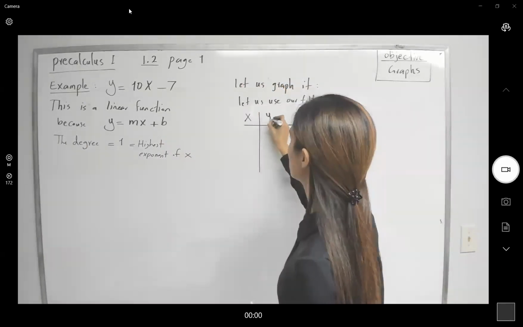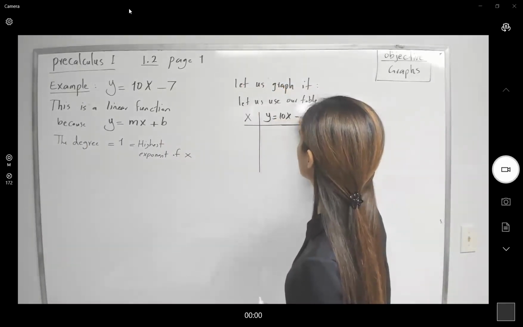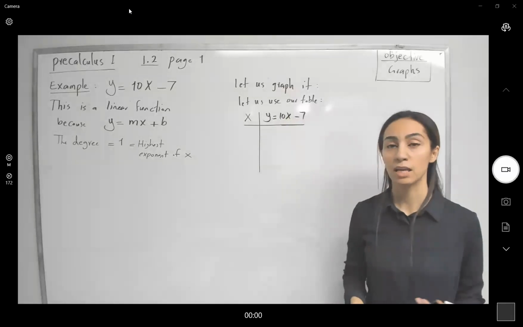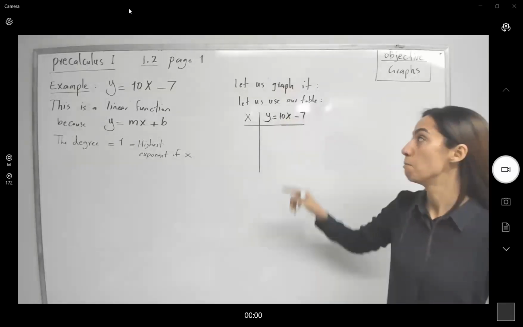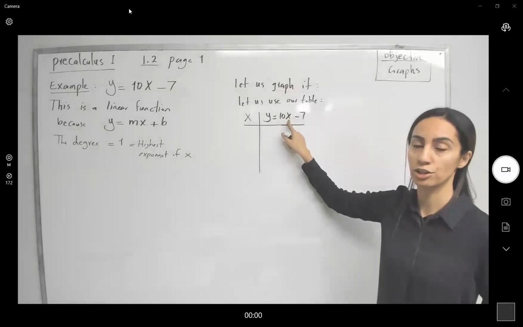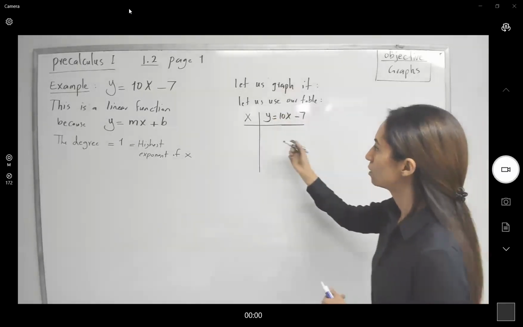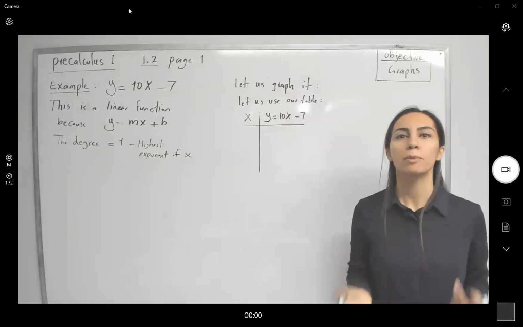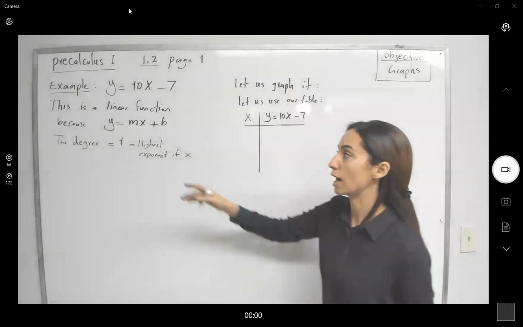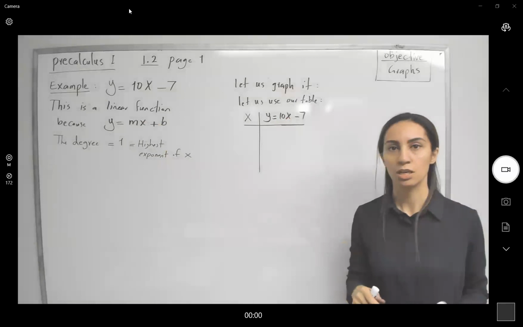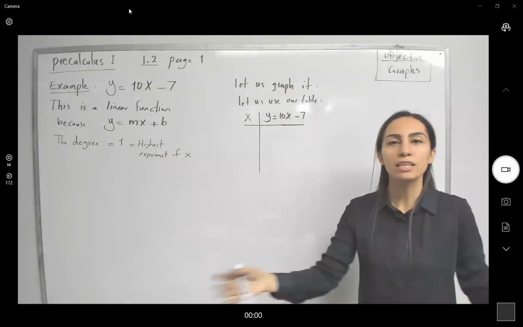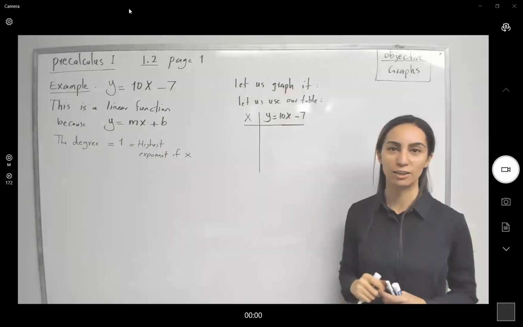This is y equals 10 times x minus 7. Remember that when you have an expression like this, multiplication comes first, so when you plug in numbers, you have to multiply first. Choose any number that you like. Since this is a linear function, you can freely choose any x value.